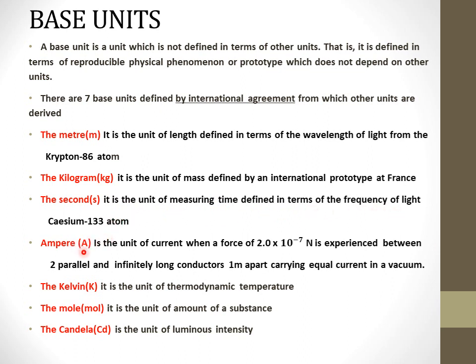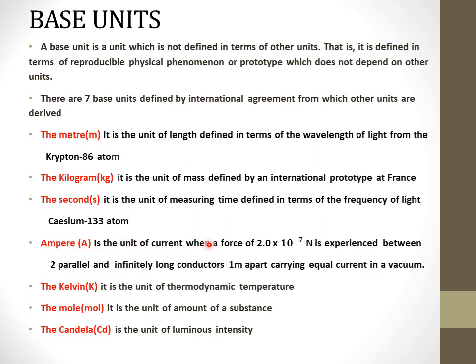Now, what is the ampere? It is the unit of current when a force of 2.0 times 10 to the power minus 7 Newton is experienced between two parallel and infinitely long conductors 1 meter apart carrying equal current in a vacuum. Why did I have to give this expression? Because now in high school, you are expected to know how to define the ampere by this definition.